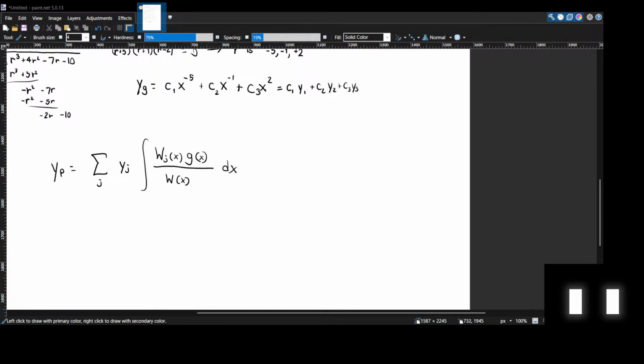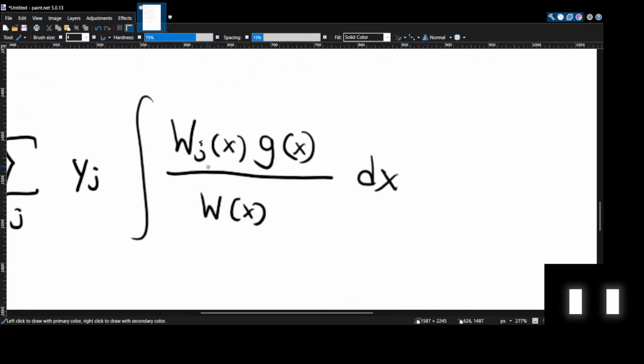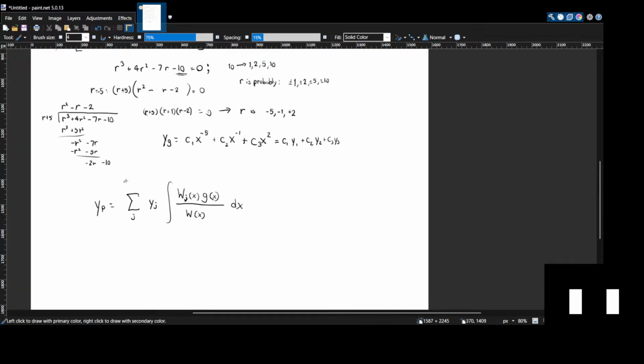Well, the answer is that all of this is basically just, how do I explain this? Let's explain one by one what each symbol means. First of all, the first symbol that I want to point out is the W here, called the Wronskian.